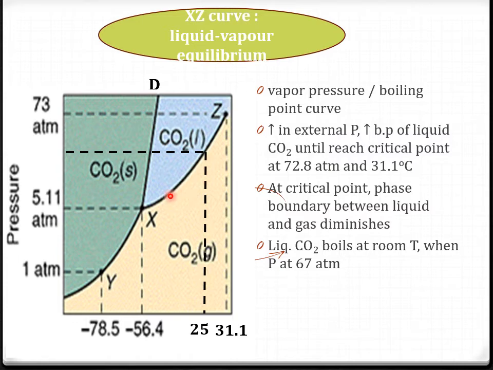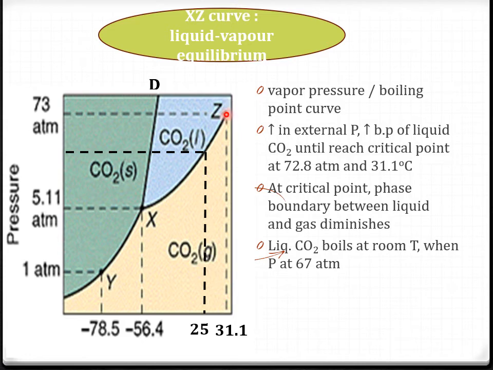For the XZ curve, which is liquid-vapor equilibrium, here is the vapor pressure and boiling point curve. As the external pressure increases, the boiling point will increase. The boiling point of the liquid carbon dioxide increases until it reaches the critical point at 72.8 atm and 31.1 degrees Celsius.